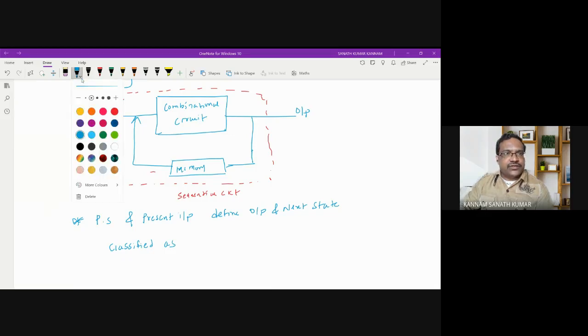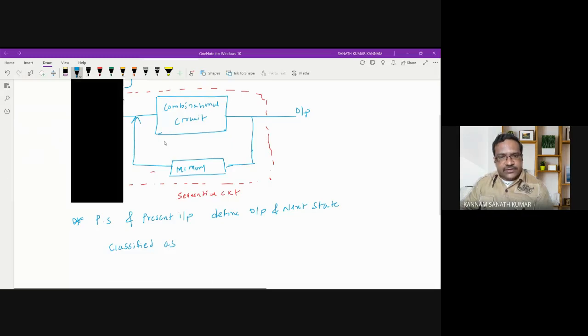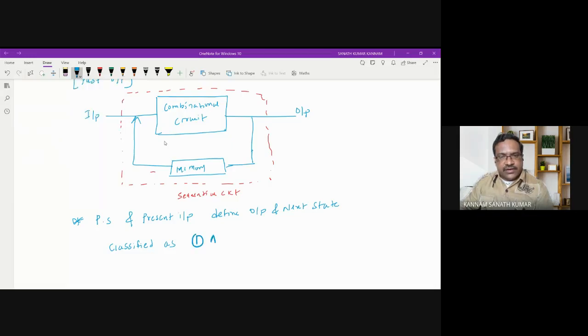Okay, so if you see the classification of sequential circuits, they are classified as asynchronous and synchronous. What is the difference between asynchronous and synchronous?